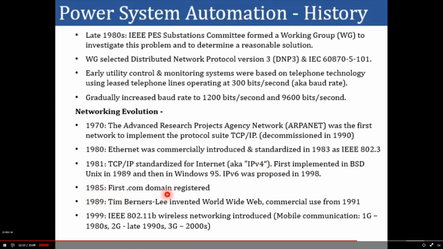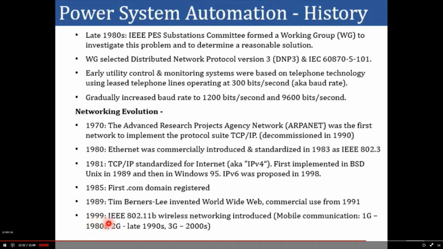Now you will be surprised to know that in 1985 we registered our first .com domain. In 1989, Tim Berners-Lee invented the World Wide Web, which was available for commercial use in 1991.